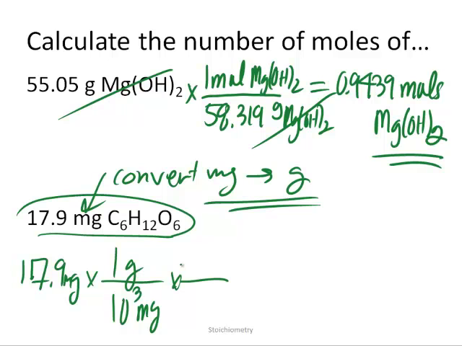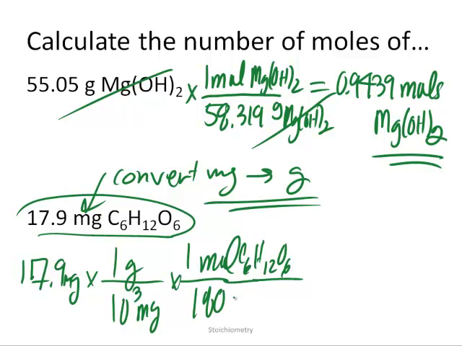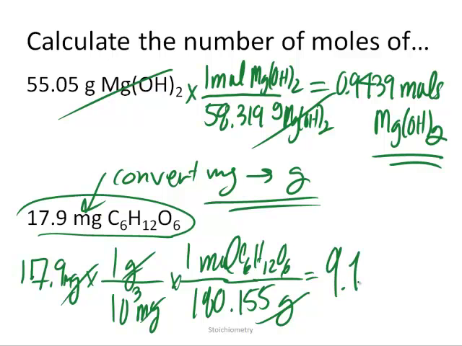And we already know that in 1 mole of glucose there are 180.155 grams of glucose. So grams are going to cancel out, milligrams are going to cancel out, leaving us with moles of glucose. And this turns out to give us a number of 9.94 times 10 to the minus 5th moles of glucose.